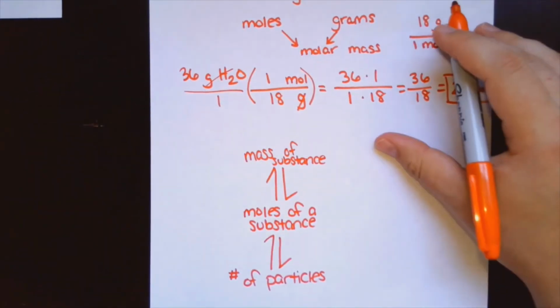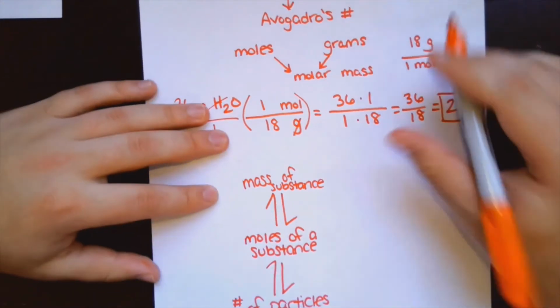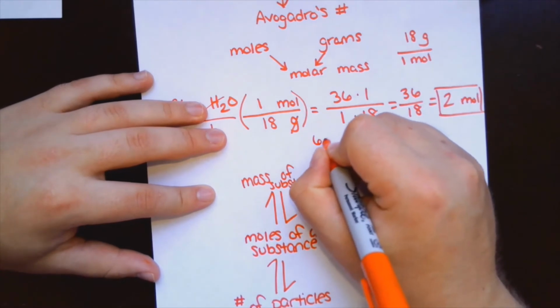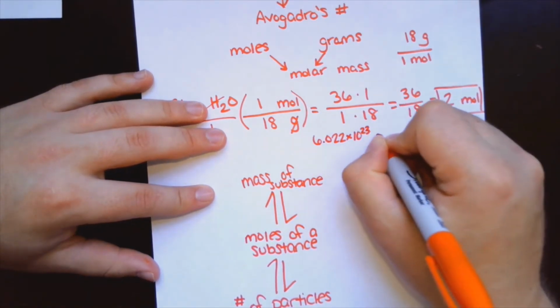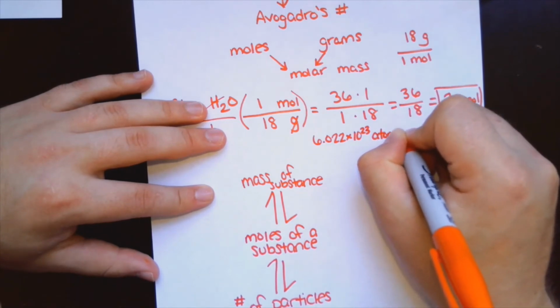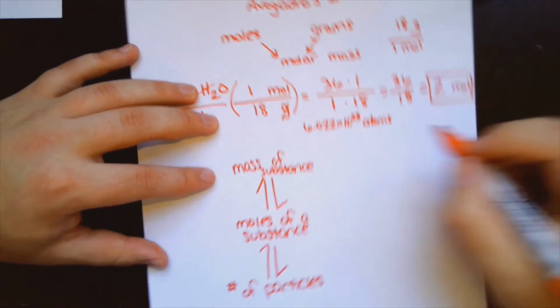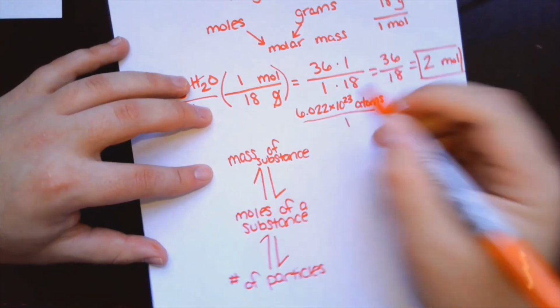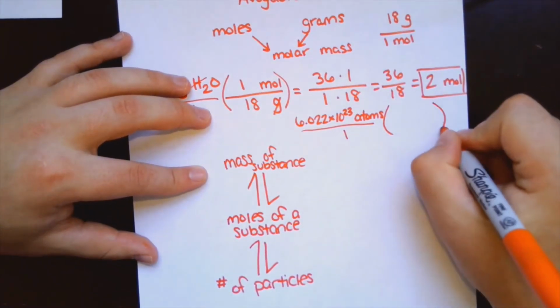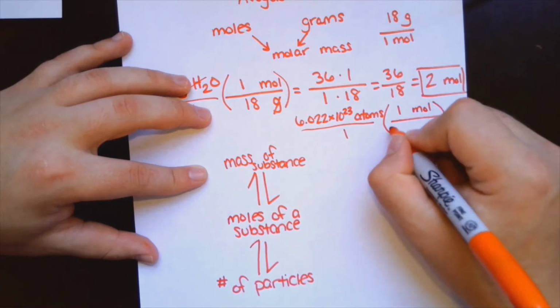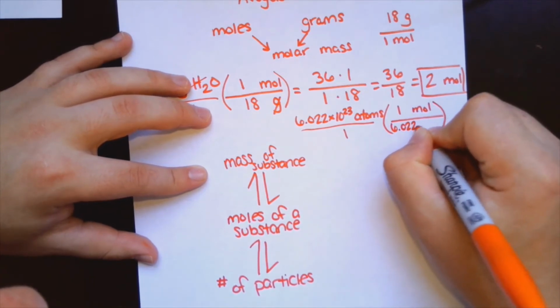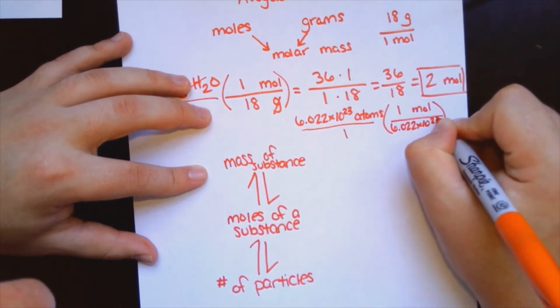So let's say, for instance, we happen to have 6.022 times 10 to the 23rd atoms of something, and I want to know how many moles that is. Well, again, I can put this over 1. I can say 1 mole here, and 6.022 times 10 to the 23rd atoms on the bottom.